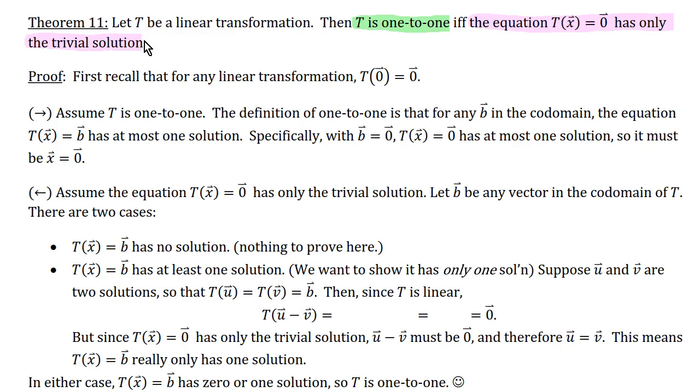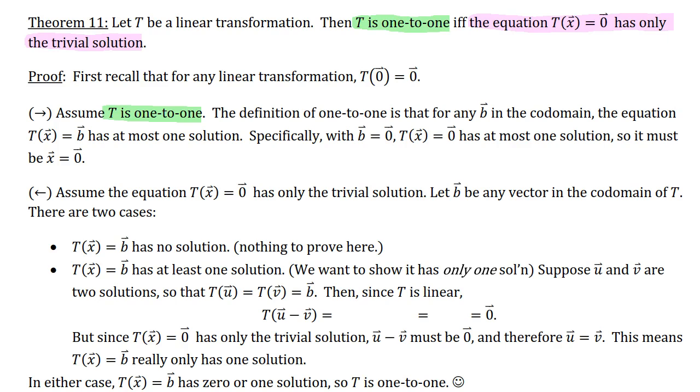So if we're proving from left to right, that means we're assuming that T is 1 to 1. So what is the definition of 1 to 1? It's that for any b in the codomain, for any possible output vector, the equation T of x equals b has at most one solution for x. So if you plug in b equals 0, T of x equals 0 has at most one solution, which is what we're assuming here.